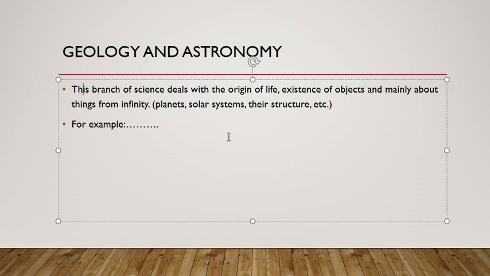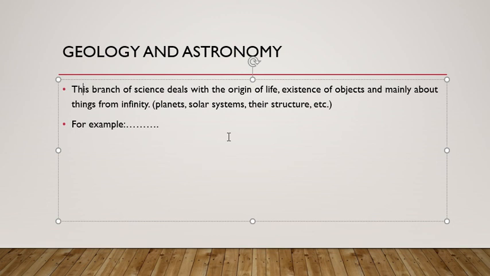Simply, geology and astronomy deals with things like rocks, stones, and things from infinity like planets, solar systems, their structures, how they are formed, how they exist, universe, galaxies, and many more things.